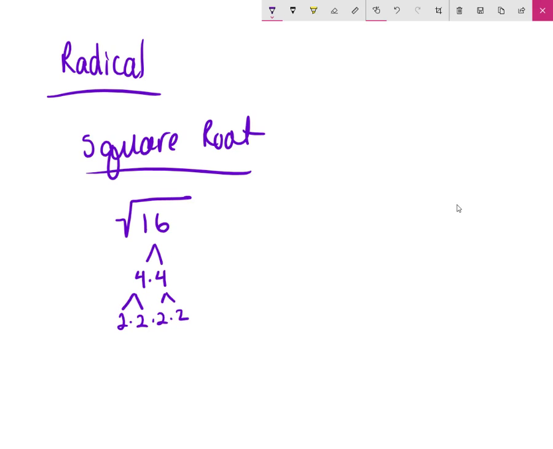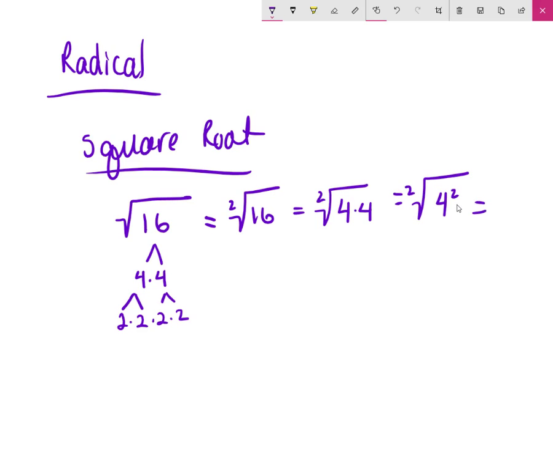However, it is not necessary to break our 4's down to prime numbers, the 2's, because 4 times 4 shows that 16 is a perfect square, and we can rewrite it as 4 times 4, square root of 4 squared, and then cancel out those 2's, and we're just left with 4.